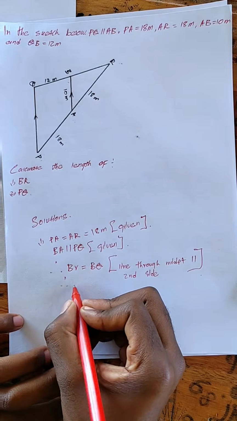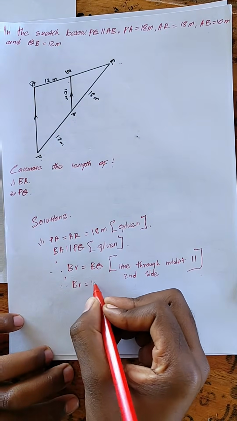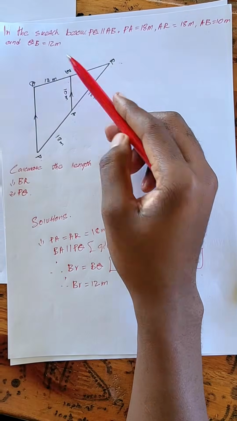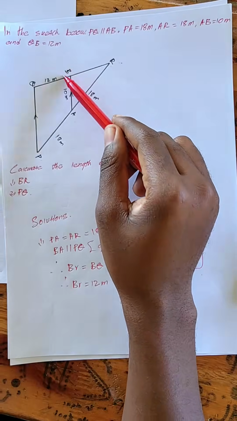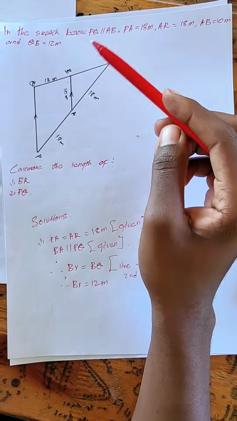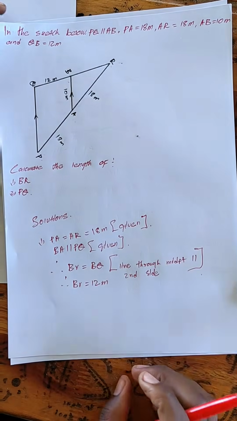Therefore, this means that your BR is the same as 12 meters, because BR is equal to BQ, whereas it is given that BQ equals 12 meters. Therefore, BR will also be 12 meters.